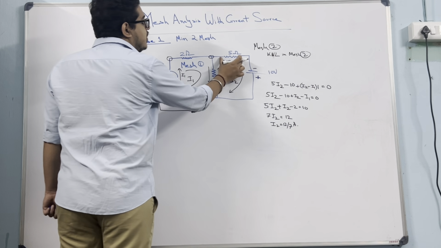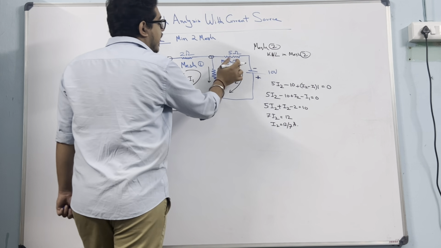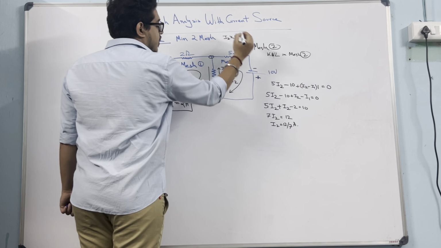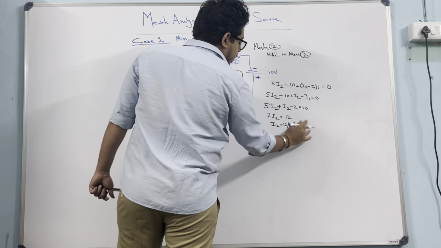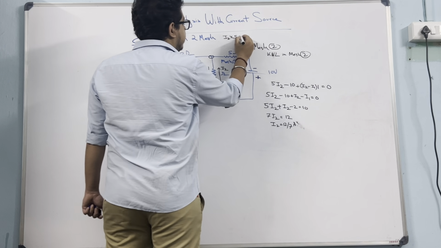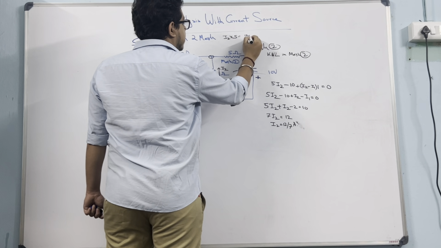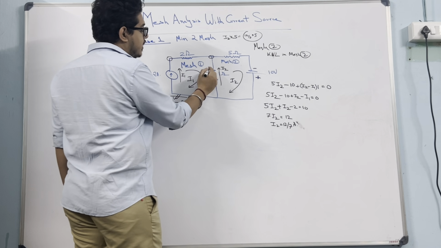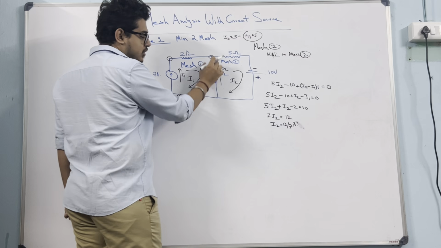What is the potential drop across this 5 ohm resistance? It's I2 into R, which is 5. It will be equal to 12 by 7 into 5. We can solve any question. What is the potential drop across this resistance?